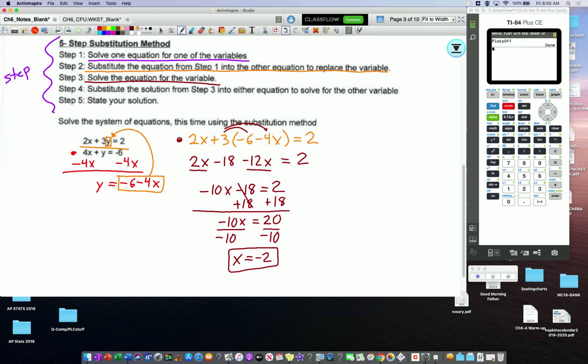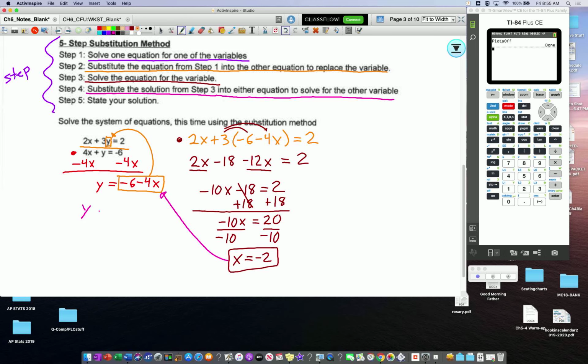I've done that step. The next step, which many students forget, is to substitute the solution from step 3 into either equation to solve for the other variable. So what I like to do is take this and substitute it into my equation where I have y already by itself. Makes it pretty easy to solve for y.